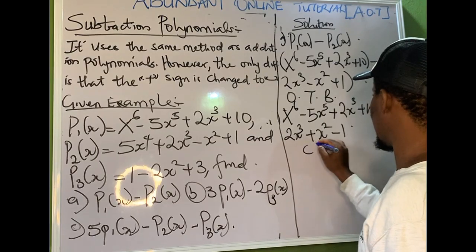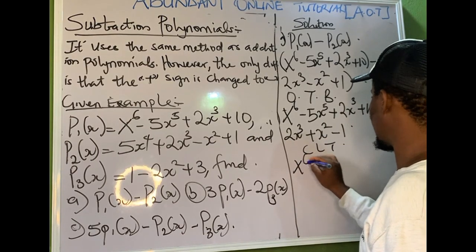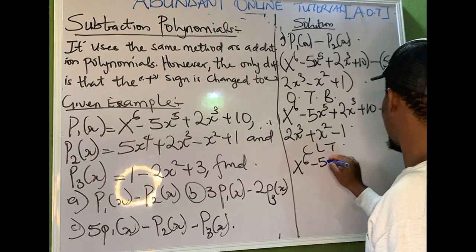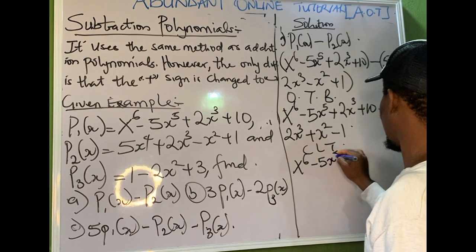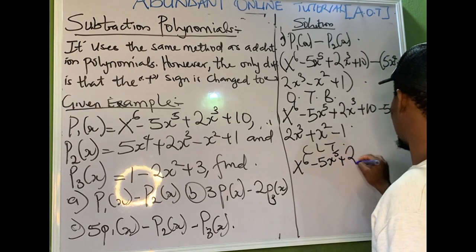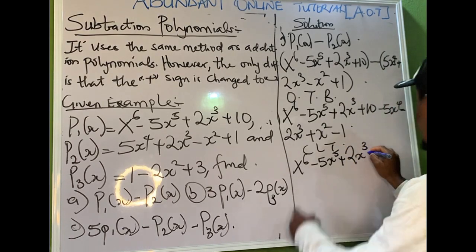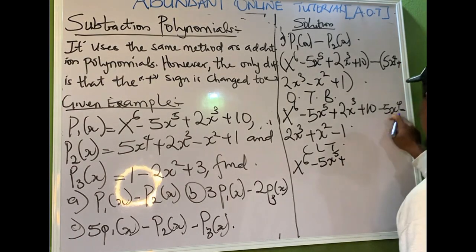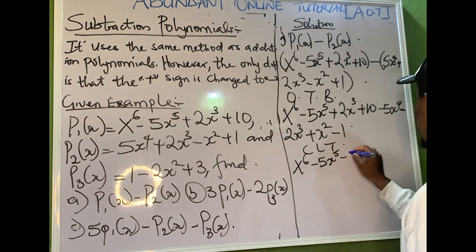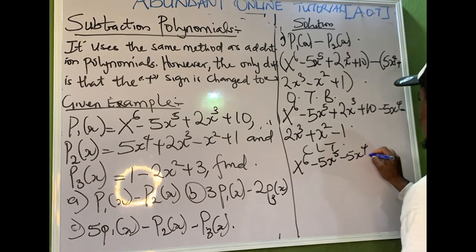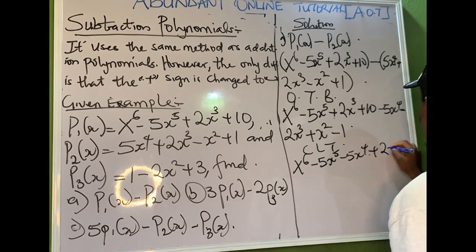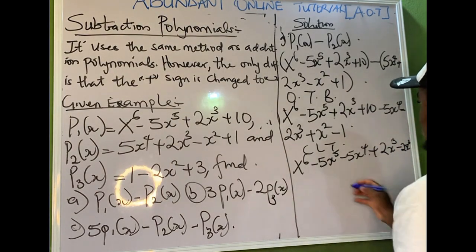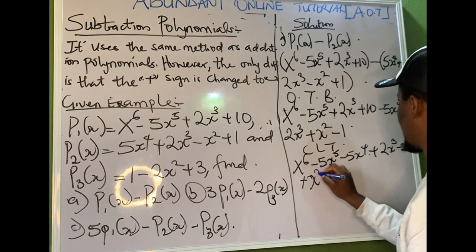Collecting like terms, we now have x^6, minus 5x^5, then minus 5x^4, then plus 2x cubed, then minus 2x cubed, then plus x squared.